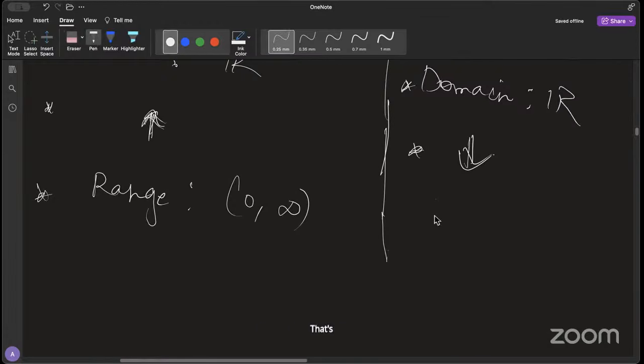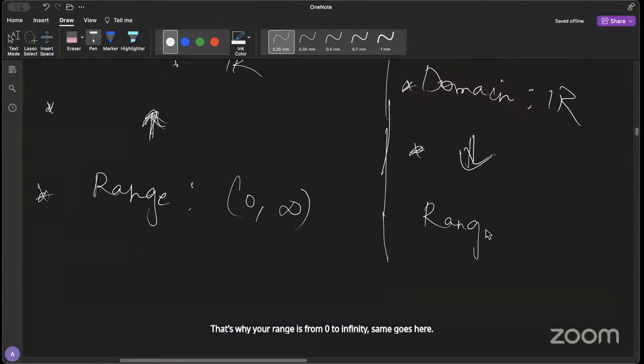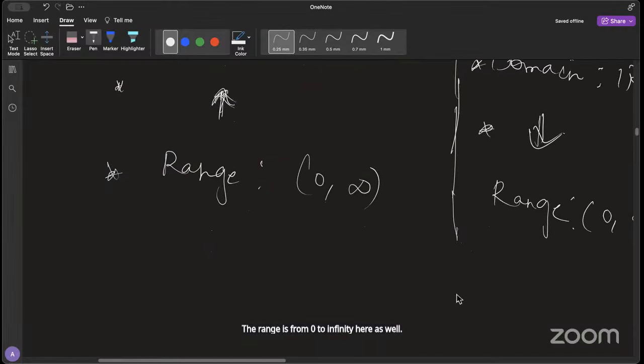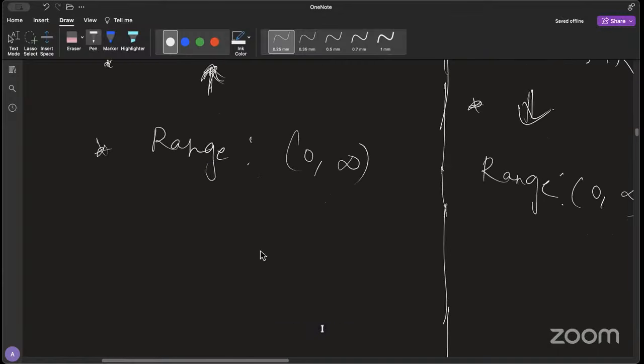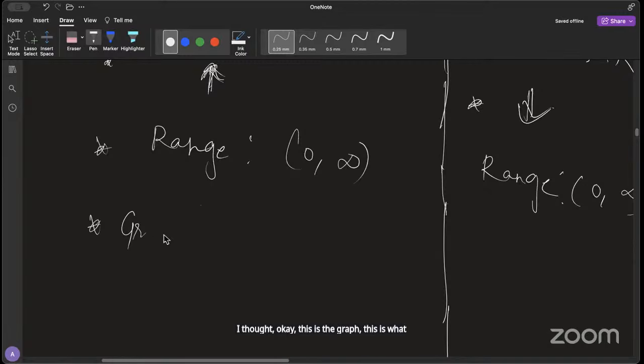That's why your range is from 0 to infinity. Same goes here. The range is from 0 to infinity here as well. Or should I just give you the graph first? Okay, this is the graph. This is what the graph looks like. The graph for a to the power x when a is greater than 1 looks like this.